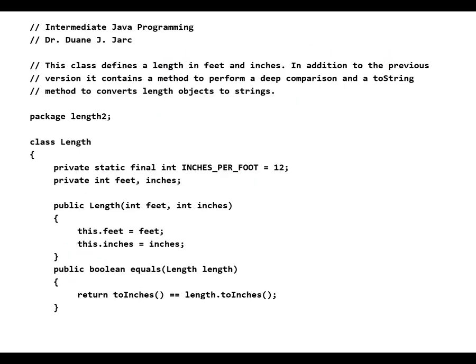We added several items to our original length class. At the top is a constant containing the number of inches in a foot that we use in one of the methods we added. Naming constants is a recommended practice for two reasons. If the value of the constant ever changes, it only needs to be changed in one place.